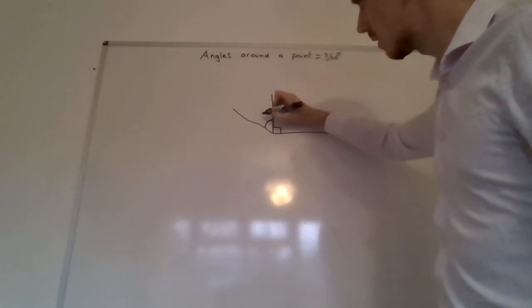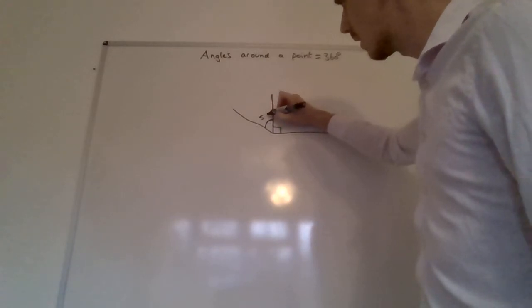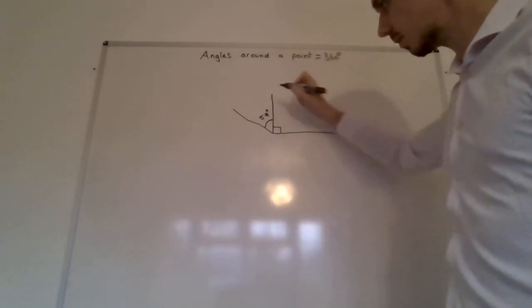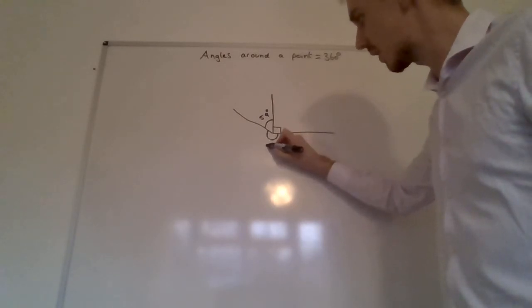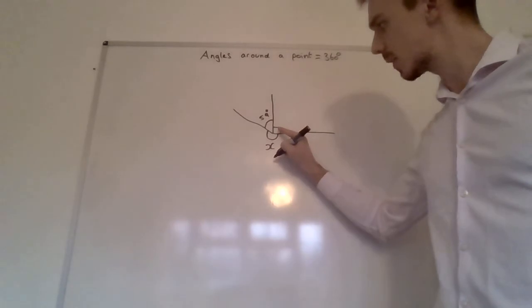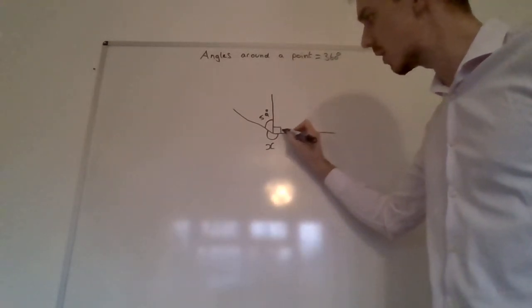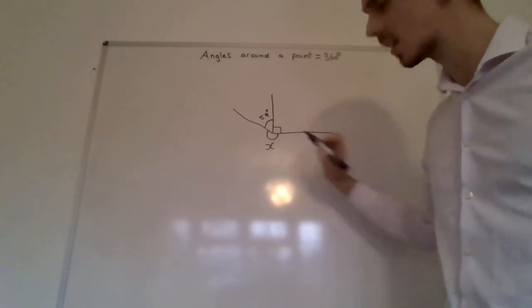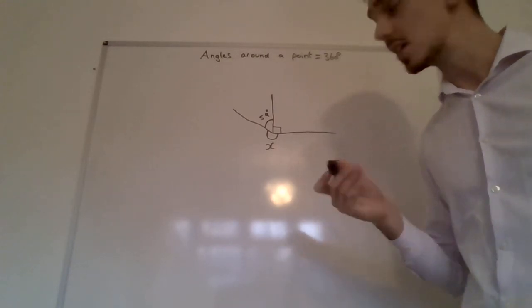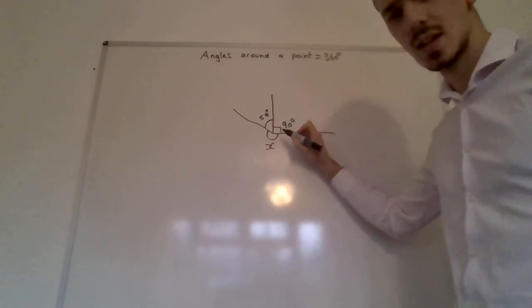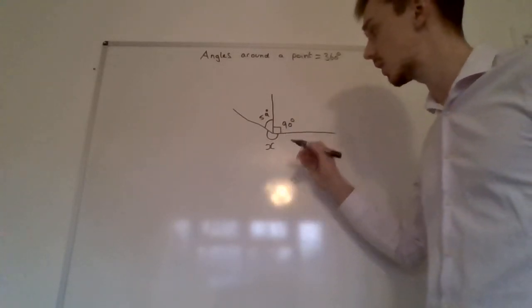This one can be 59, and then we're trying to find this angle here being x. Just got to remember that this is notation that we use to mean it's a right angle. If there's a little square, it means it equals 90 degrees. That's just something you will also need to know.